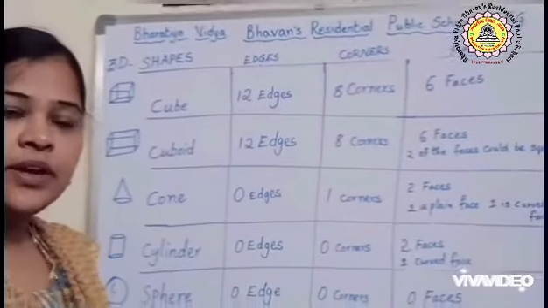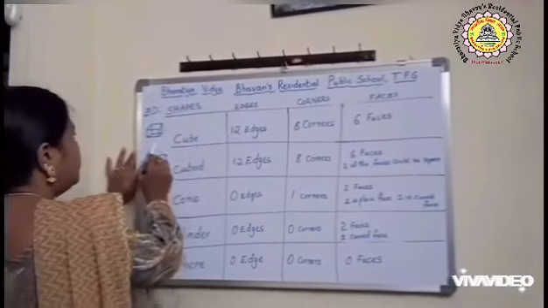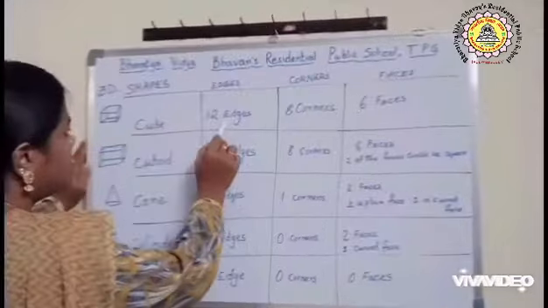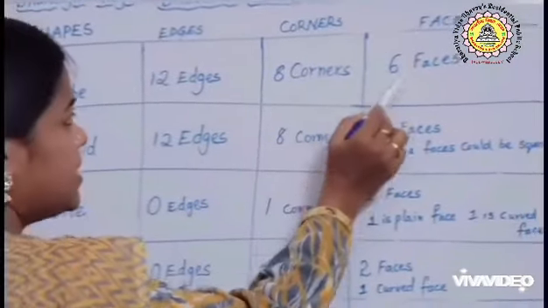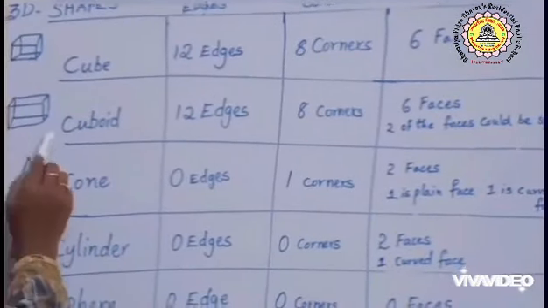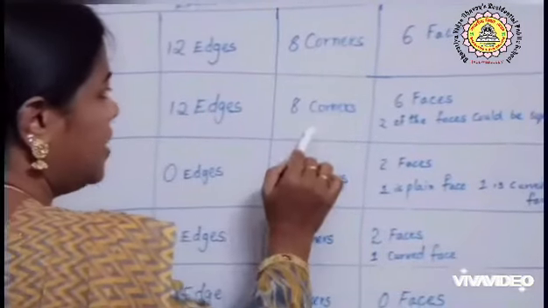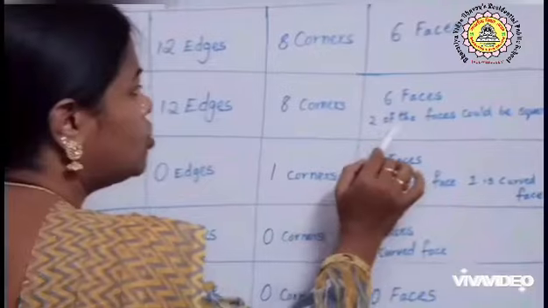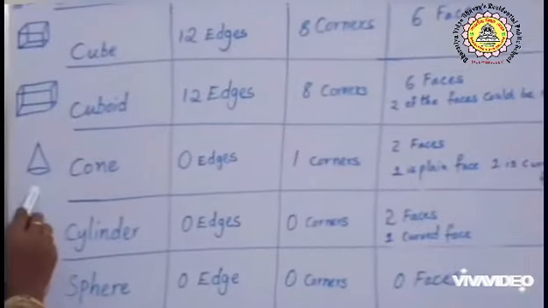Now let us recall 3D shapes, children. Look at the board. Cube. Cube is having 12 edges, 8 corners and 6 faces. And a cuboid has 12 edges, 8 corners and 6 faces. 2 of the faces could be square. A cone.